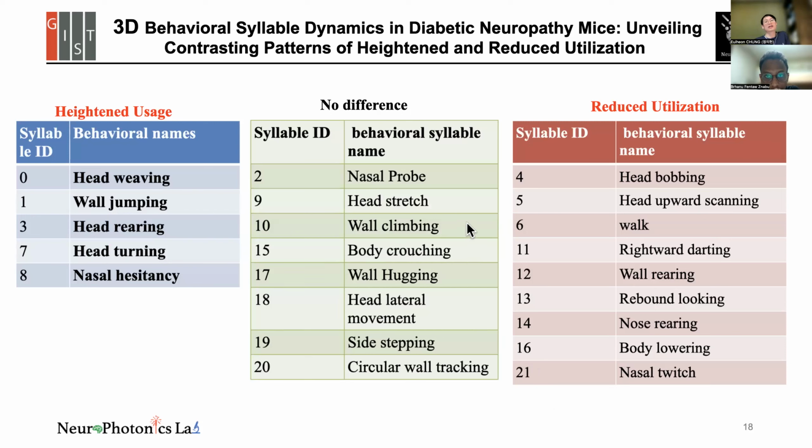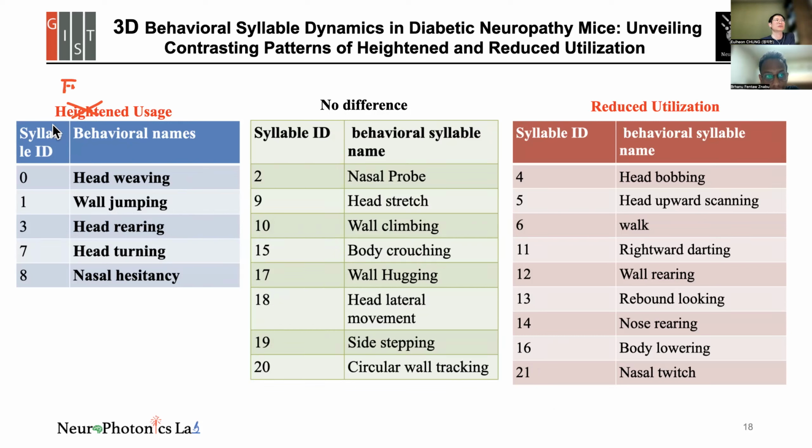Okay, actually, this is the hard part, because people would not understand what you are talking about here. Heightened usage, no different. So it's not heightened, okay, usage. More frequent usage, right?